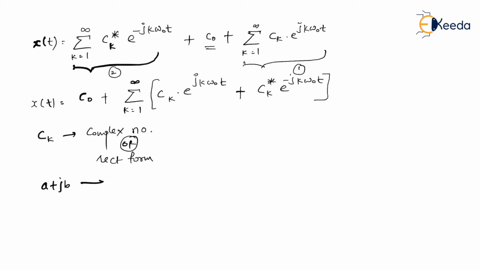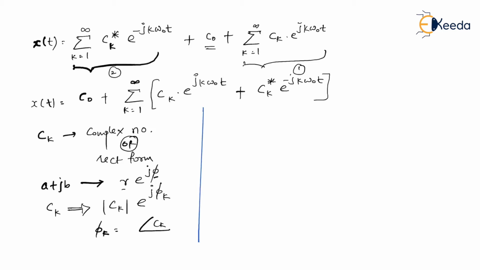If it is a plus jb in rectangular form, I can express it as magnitude r e to the power j phi, where r stands for magnitude and phi stands for phase angle. In that case, when I say ck is a complex number, I can rewrite it in polar form as magnitude of ck e to the power j phi k. What is phi k? Phi k is nothing but angle of ck.